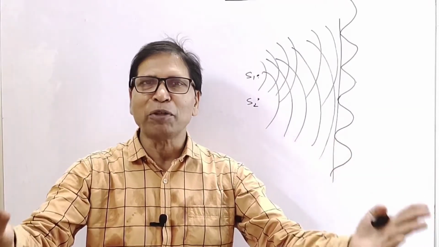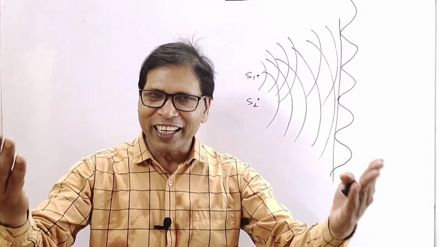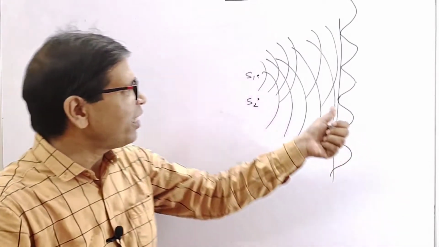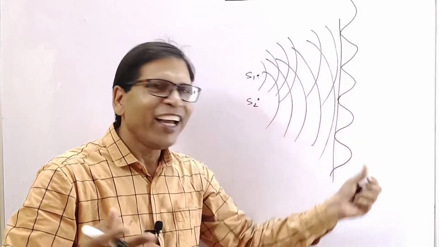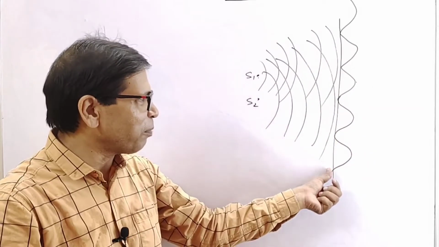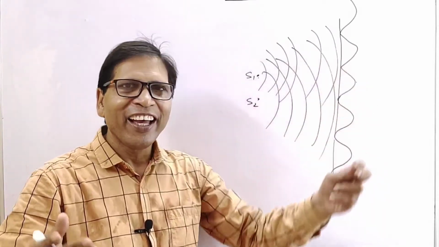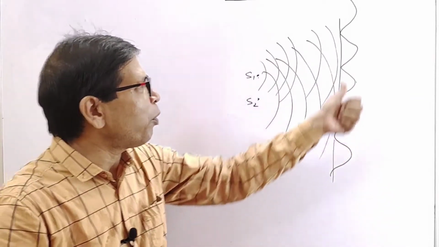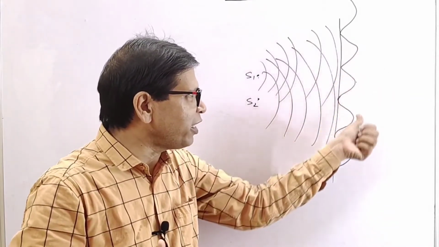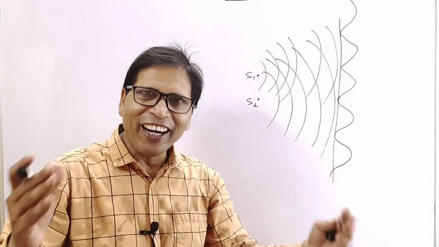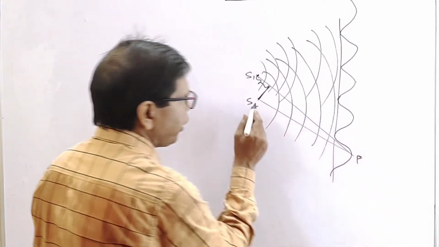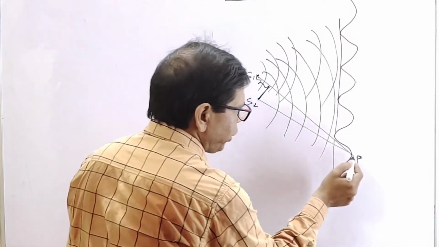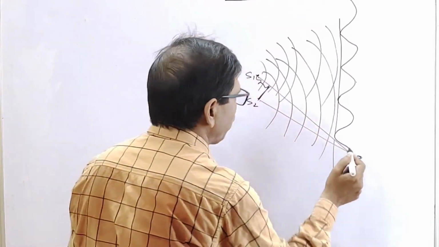There are two types of interference, constructive interference and destructive interference. Okay? The phenomenon of producing maximum intensity is known as constructive interference. Suppose consider this point. Here path is S2P and path is S1P.